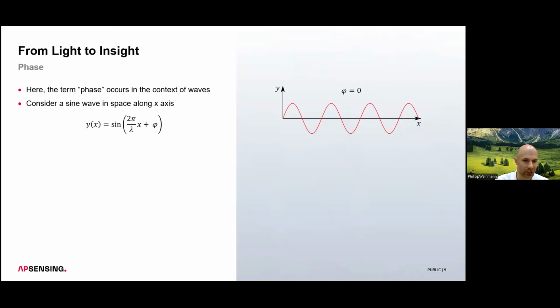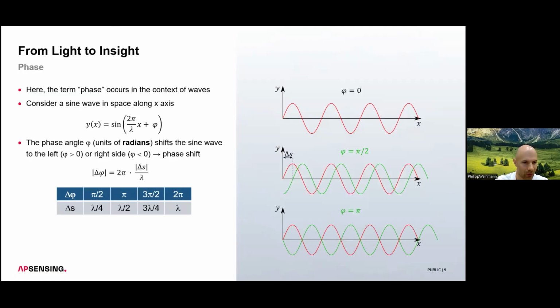And by changing the value of this phase, one can move the sine function to the left and to the right side, depending on the sign of the phase. If the phase is negative, then you are shifting the sine function to the right side. If the phase is positive, then you are shifting the sine function to the left side.